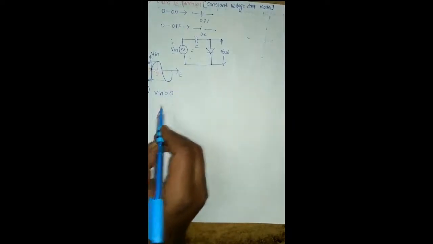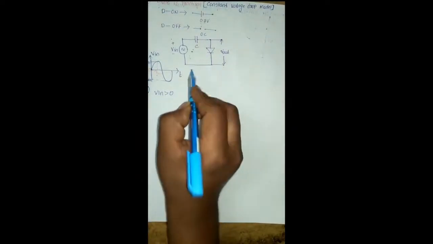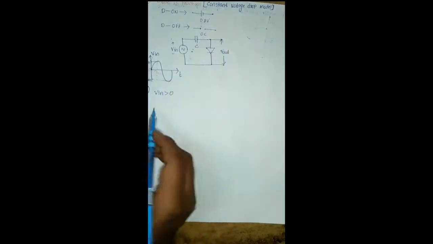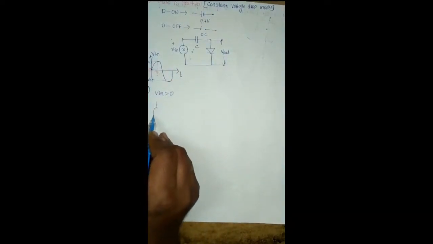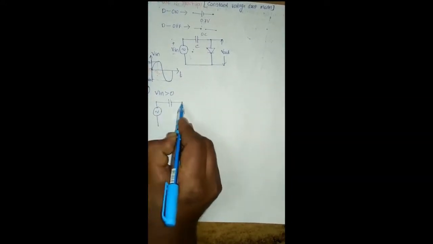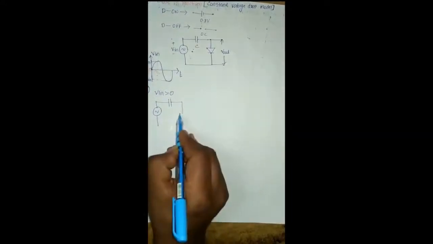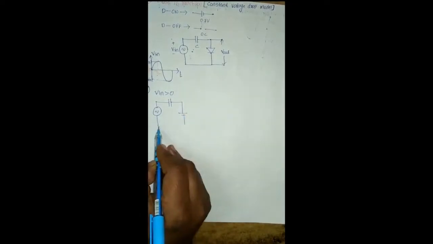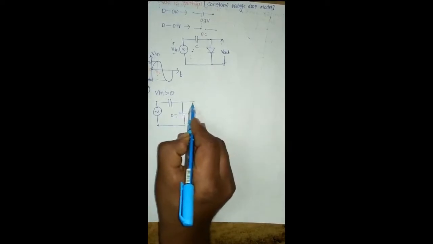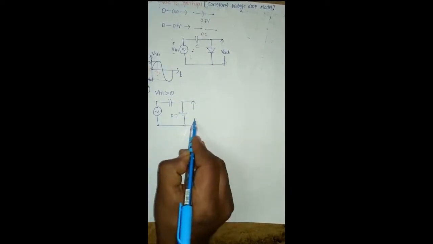Okay, and in this forward bias condition, the diode is replaced by a constant voltage source. Therefore here we redraw the circuit. The diode is replaced by a constant voltage source. The voltage is 0.7 volts, and here we are connecting the output terminal.